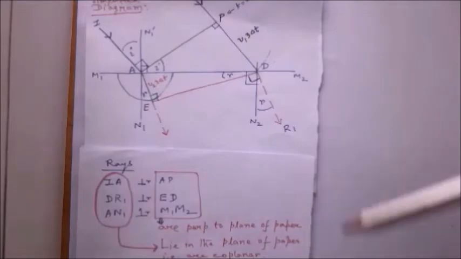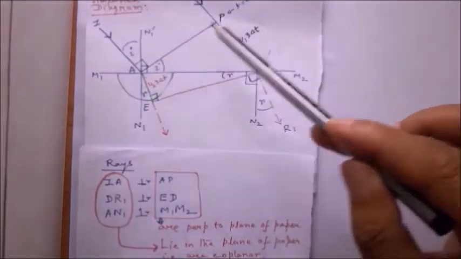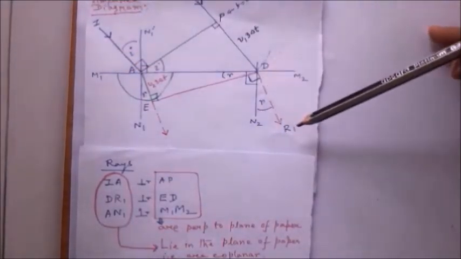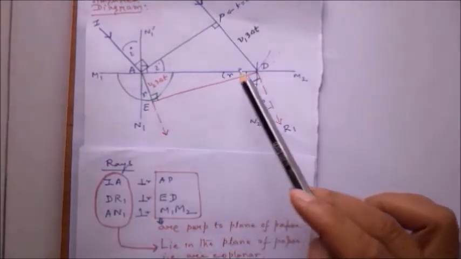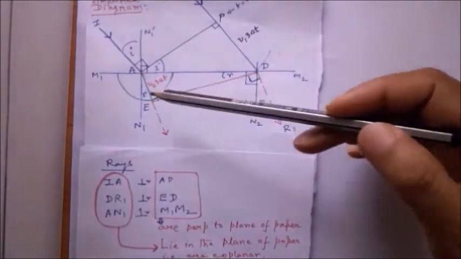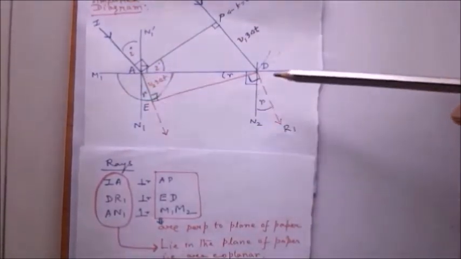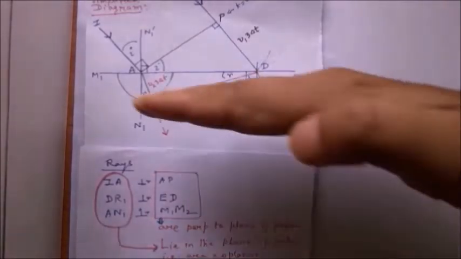We note that the incident ray is perpendicular to the incident wavefront AP. The refracted ray DR1 is perpendicular to the refracted wavefront ED, and the normals AN1 and DN2 are perpendicular to the interface M1, M2.